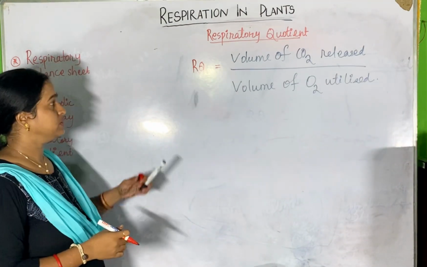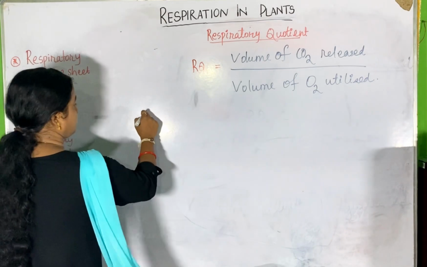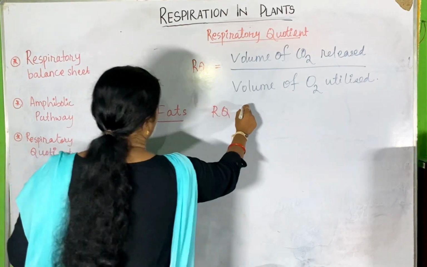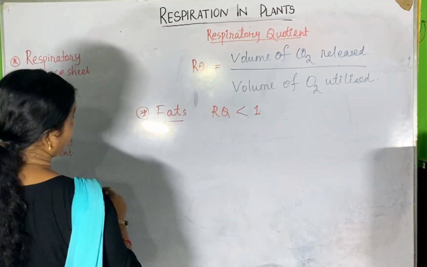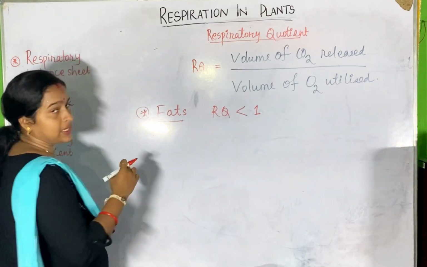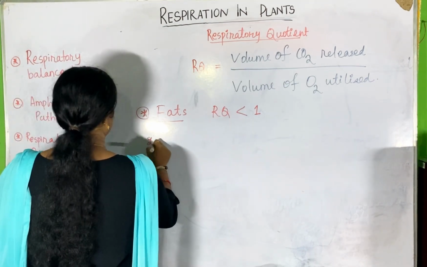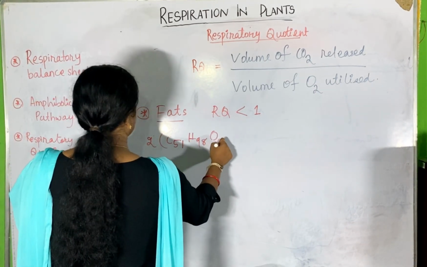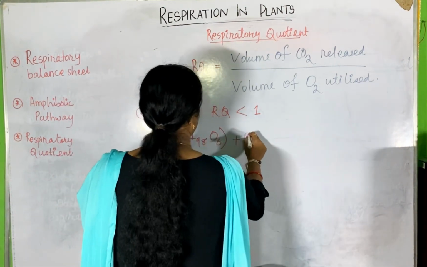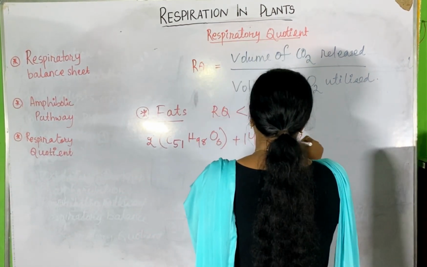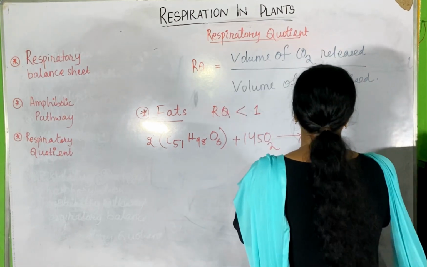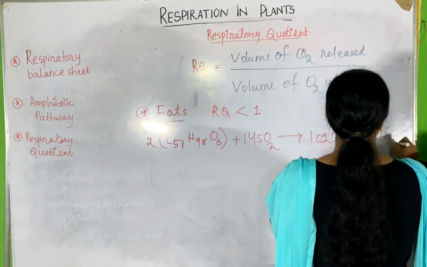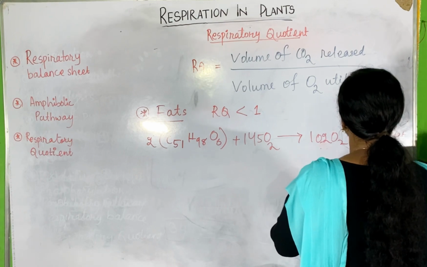So let's calculate the RQ for the fat. For the fat, the respiratory quotient will be less than 1. How will we calculate here? I am giving the tripalmitin example: C51H98O6 plus 145O2 will give rise to 102 CO2 plus 98 water along with energy.